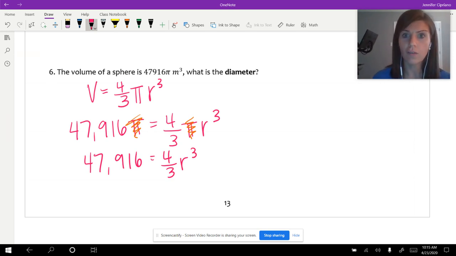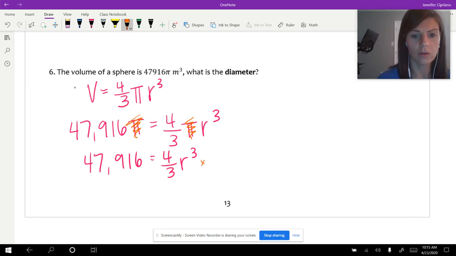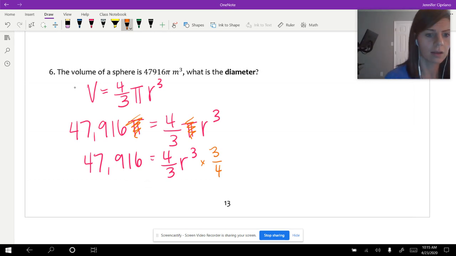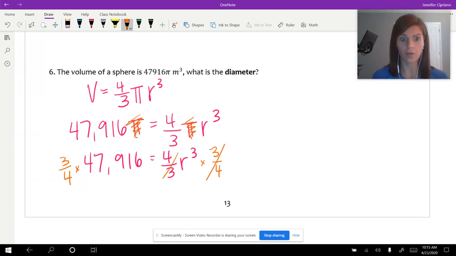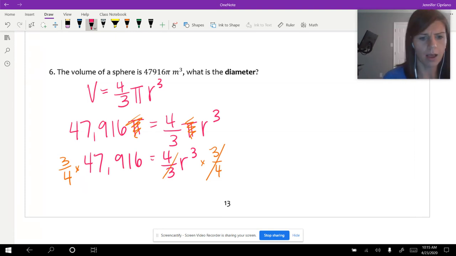To get rid of the 4/3, you can either divide by 4/3, or what I'm going to do is multiply both sides by 3/4. 4/3 times 3/4 is just 1, so that cancels out for us. And we end up with r cubed equals 35,937.